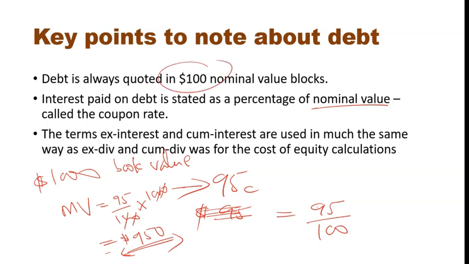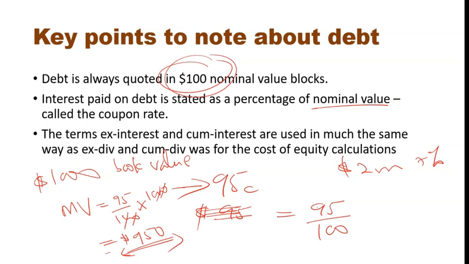For example, the company has got 2 million loan stock or bonds attracting an interest of 7%. If the interest is 7%, you're not going to base the computation on the market value, but rather on the $100 nominal.